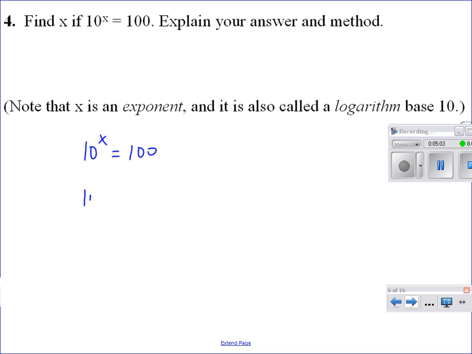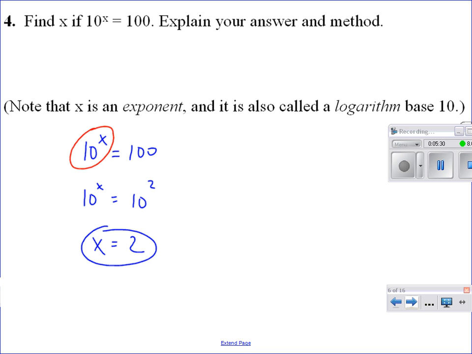Well, 100 is 10 squared. So quickly and easily you can say x equals 2. And really in this original spot, what you're saying is 10 to the what is 100. And that 10 to the what is how you're going to set things up in logarithmic form.